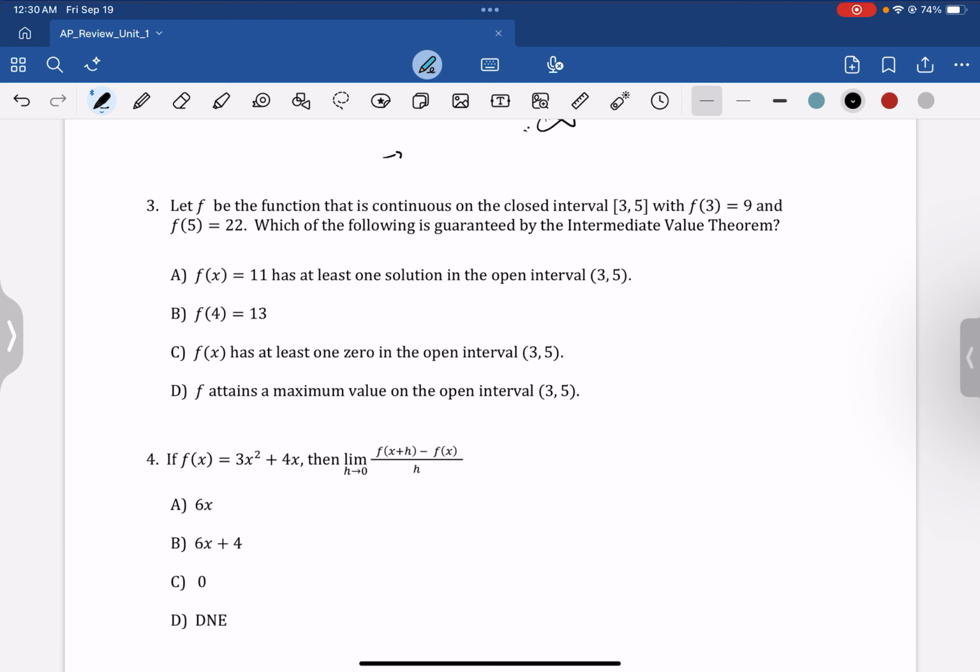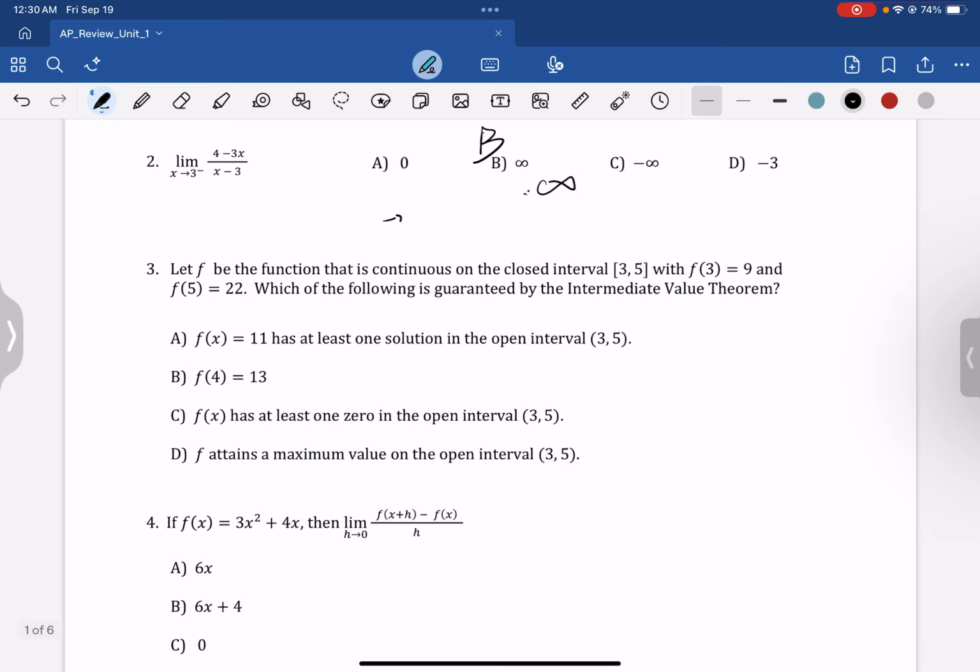The next one is the intermediate value theorem.